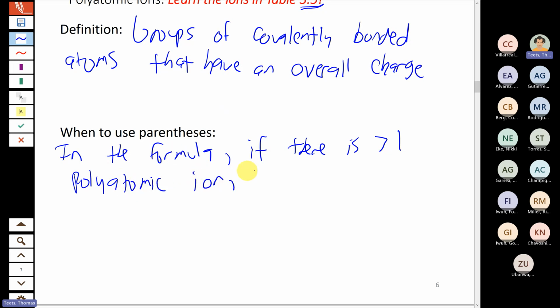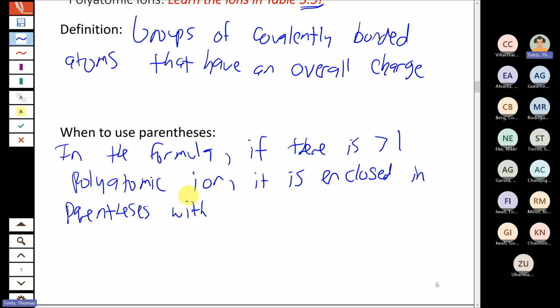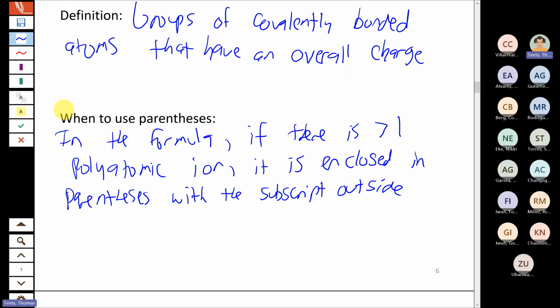I guess it wouldn't be wrong to have it in parentheses even if there's only one, but it's just not conventionally done. And then the subscript that indicates how many of those ions there are is going to be on the outside of the parentheses. This is only in the formula. We don't put parentheses in the names, just in the formula to indicate that if there's more than one of those ions in the formula, that's how we do it.